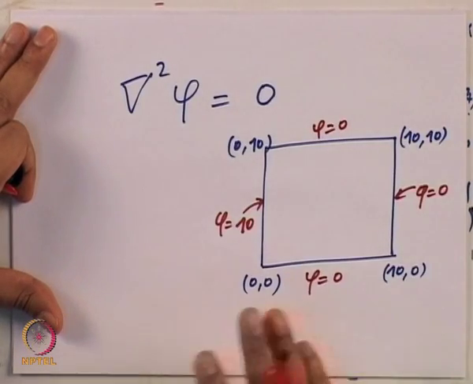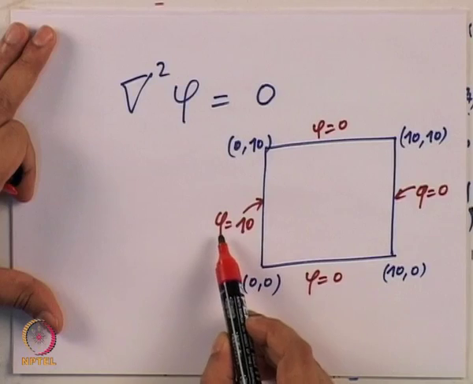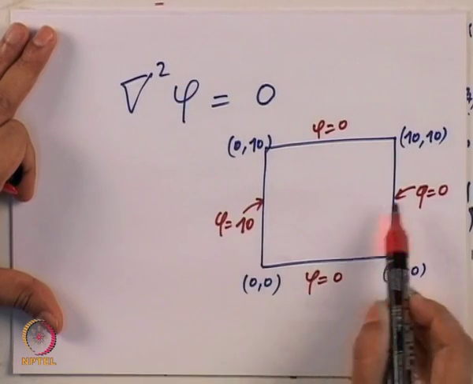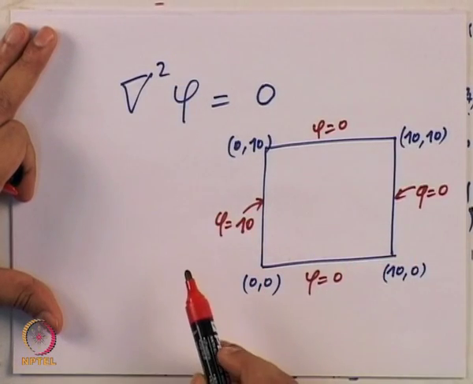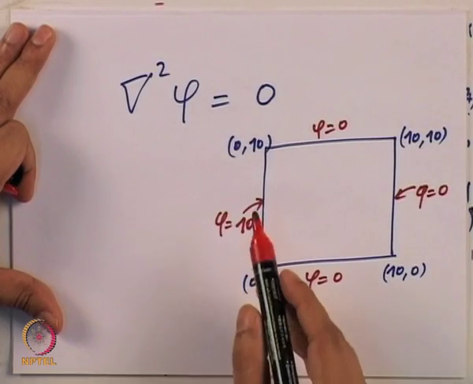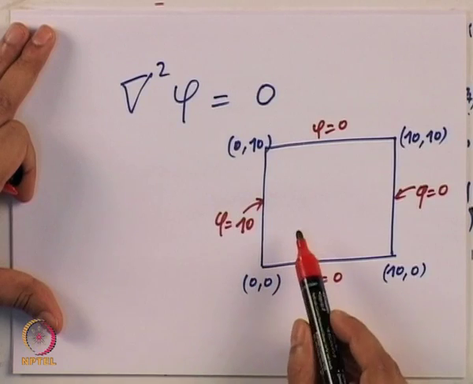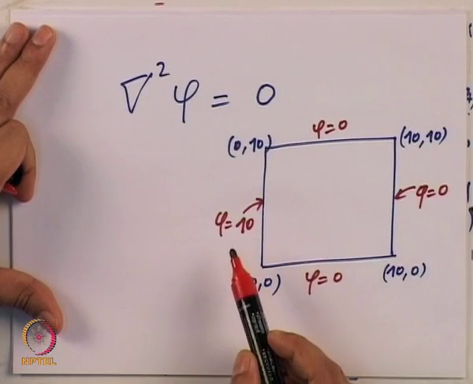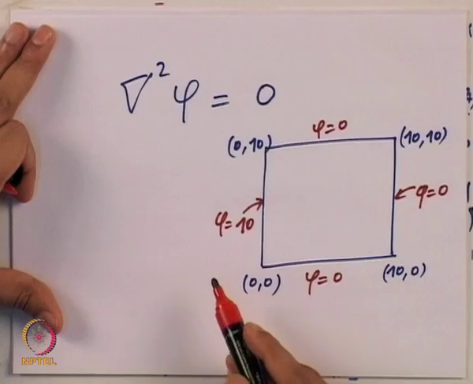So let us take a very simple example. We see that the potential is going from 10 to 0 and it has to have certain behavior. Physically we can understand that it is going to be a linear drop from 10 to 0 and let us see how numerically it behaves.